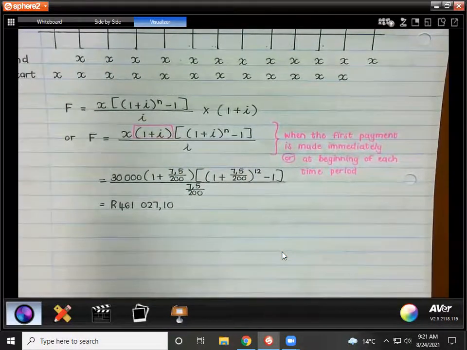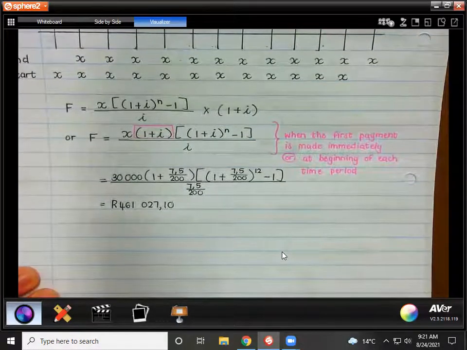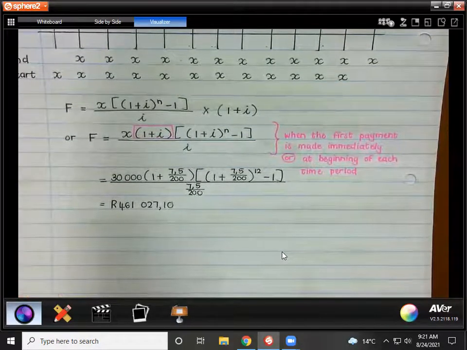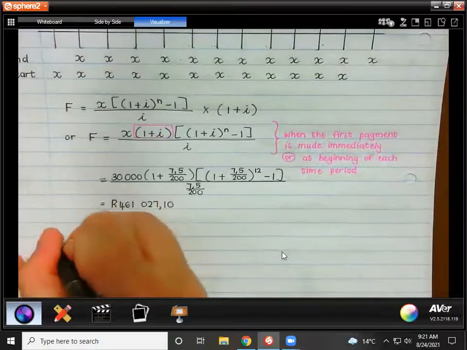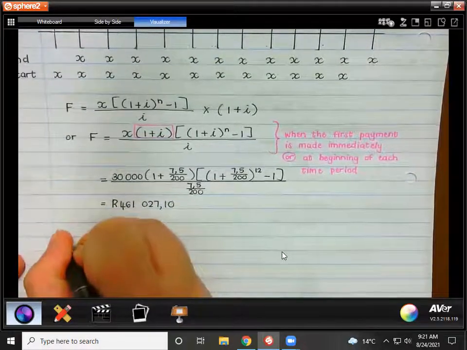Okay, any questions, guys? Okay, I think that is it for today. I'm just going to give you some questions from this exercise to practice, not many, just 1 or 2.